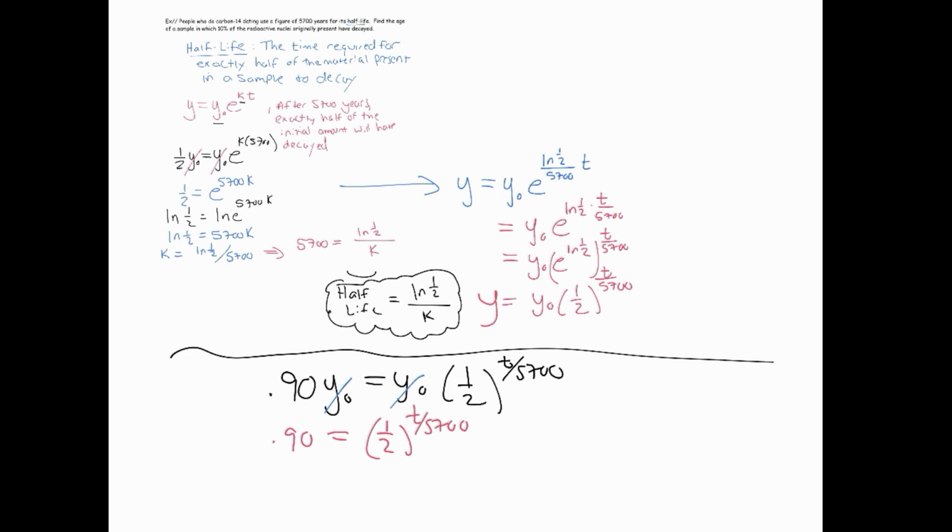Let's take the natural log of both sides. So ln of 0.90 is equal to ln of 1/2 to the t over 5700. And by property of exponents, that can move down, giving me ln of 0.9 is equal to t, oops, forgot the 5700 there.